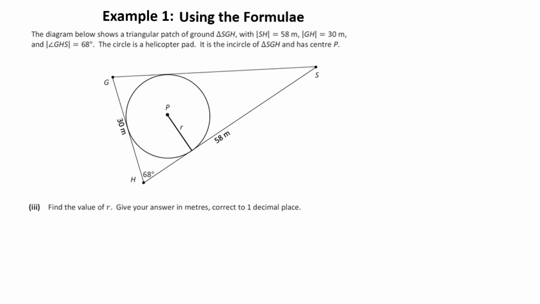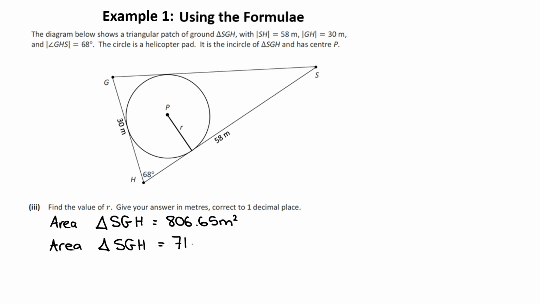So now it asks us to find the value of OR. So what we've done in part C is we found the area of triangle SGH, and we said that that was 806.65 meters squared. We also then in part D II, so D part 2, worked out SGH in terms of OR, and we said that that was 71.2 OR meters squared.